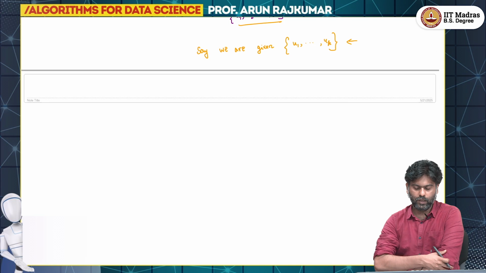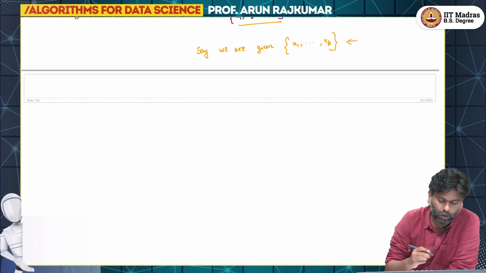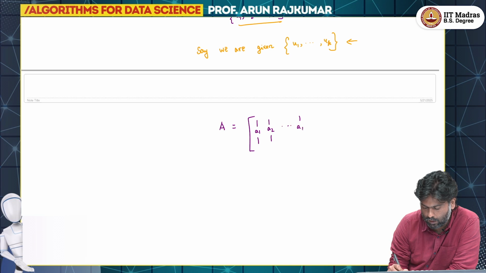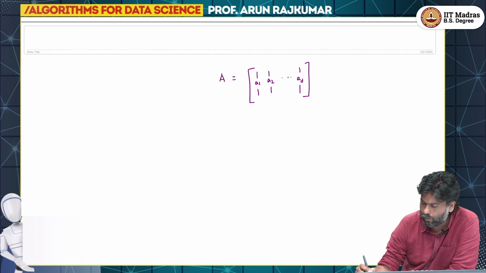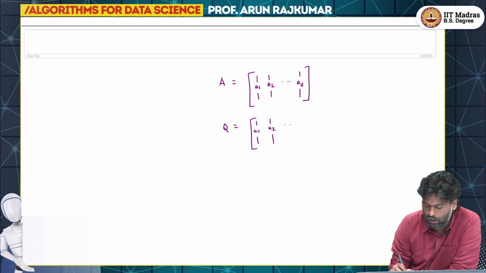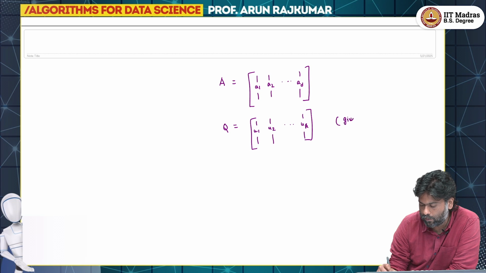So, here is a way to do SVD faster. Now I have A, whose columns are A1, A2 till Ad. And I am given a matrix Q, which is just the matrix with the vectors u1 till uk which are given to me.